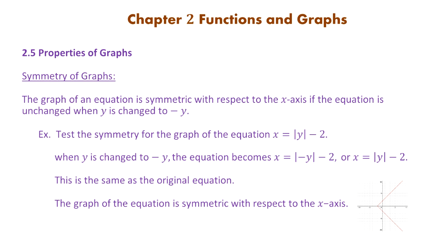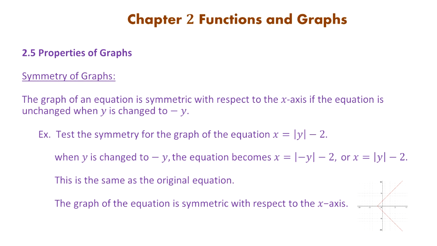So we get the same equation as the previous one, x equals the absolute value of y minus 2. That means the equation is unchanged when you change y to negative y. So according to the criterion, the graph of the equation has symmetry with respect to the x-axis.